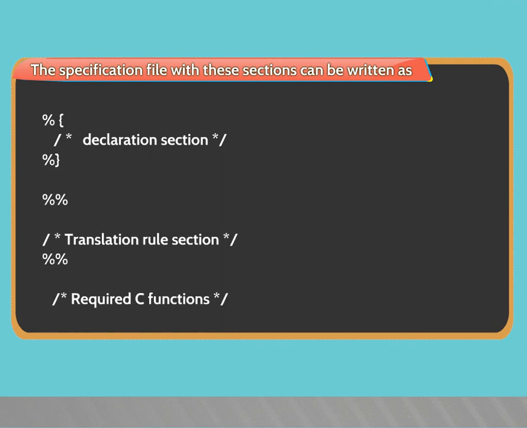The specification file with these sections can be written as %{ declaration section %} %% translation rules section %% required C functions.